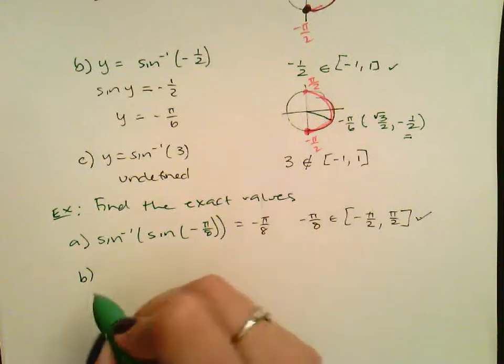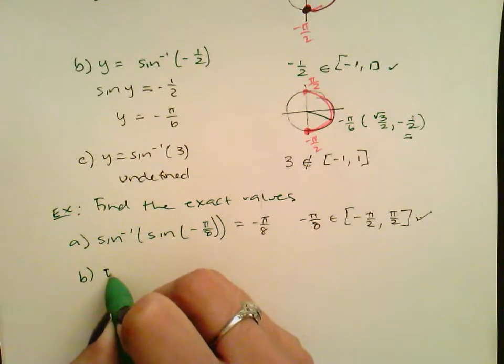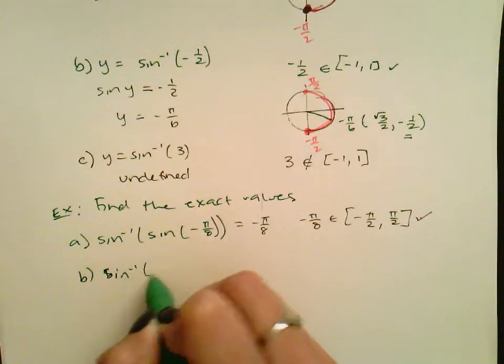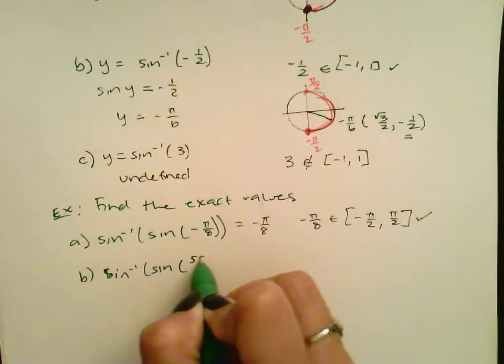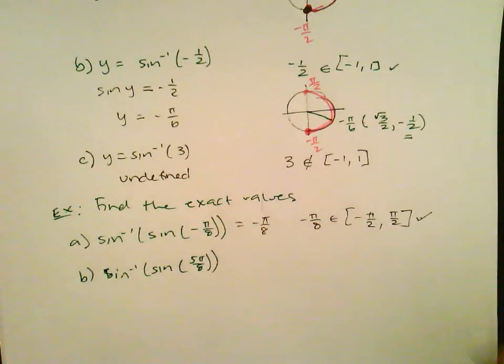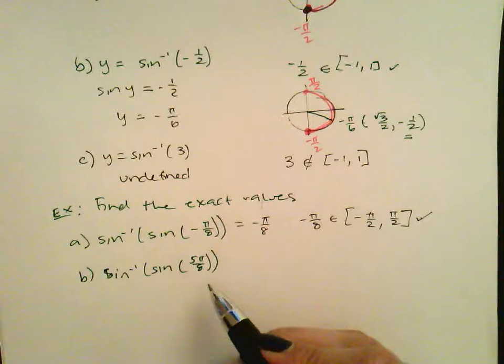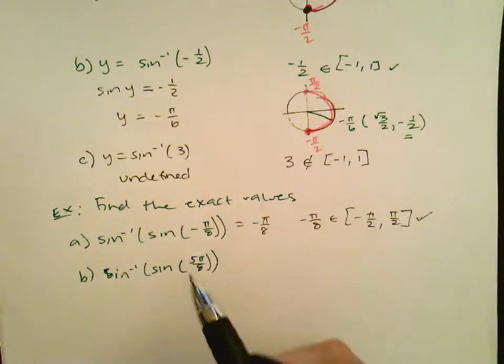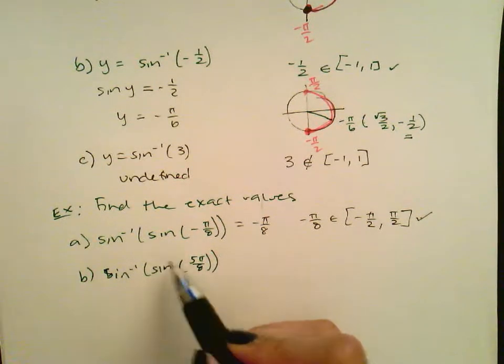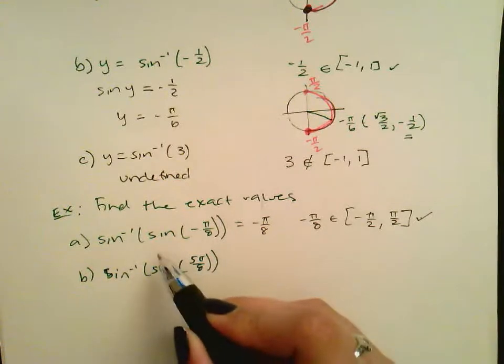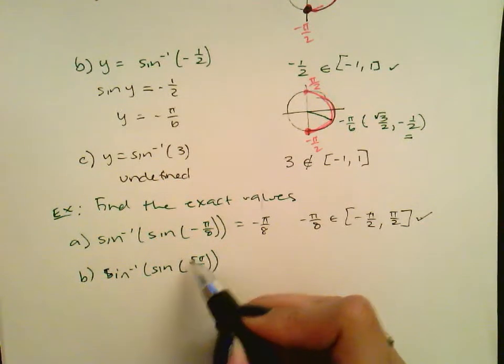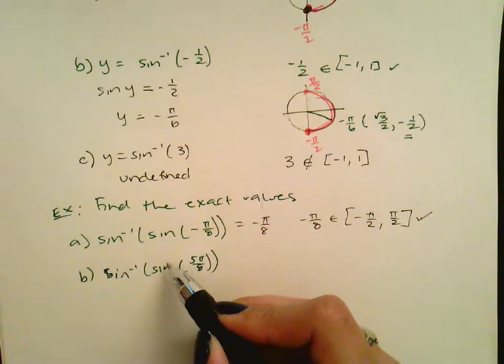So for the next one, we have y, or just sine inverse of sine of 5π/8. So we're going to do the same thing. We're going to check to see if this input is within the restriction for the inputs for sine. So it's always checking the input against the restrictions for the inner function.